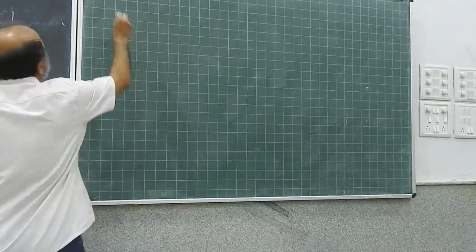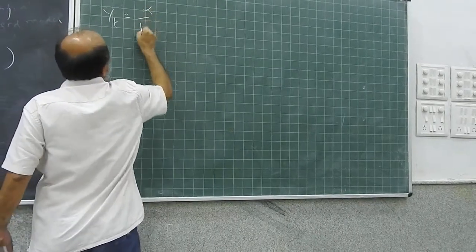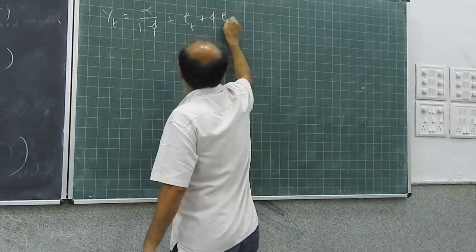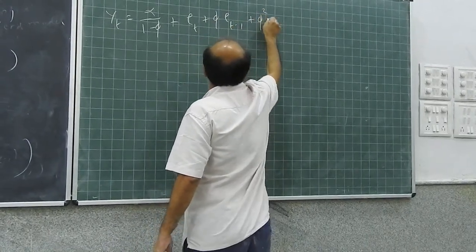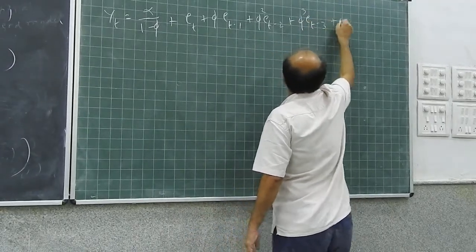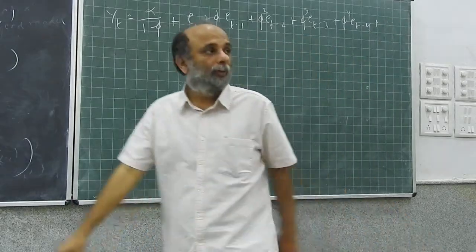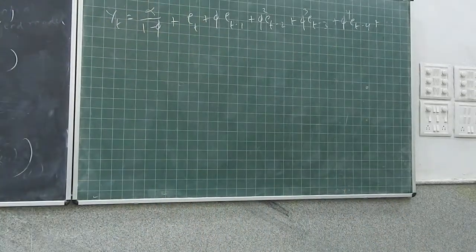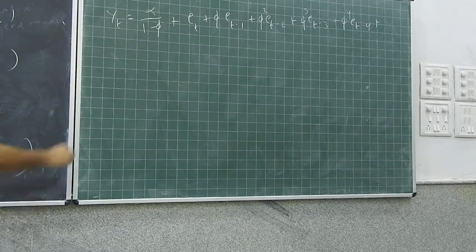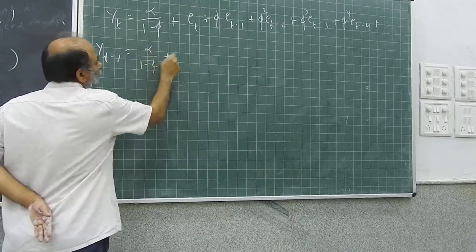So I have y_t, and so on ad infinitum, right? So what will be y_{t-1}?